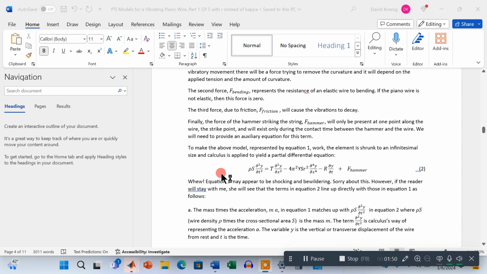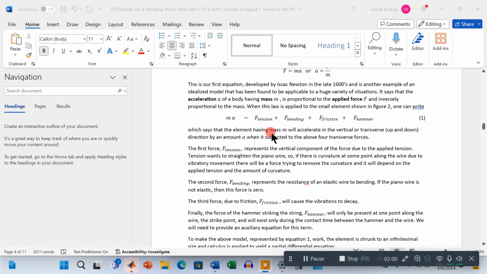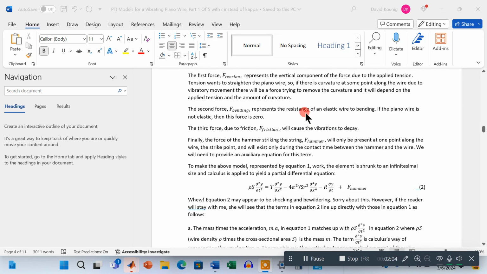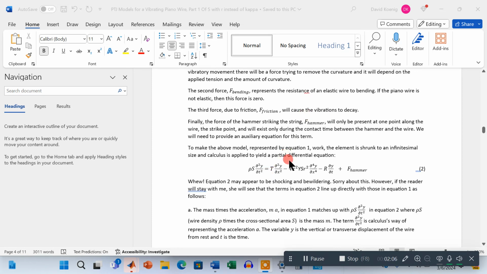And here's equation number 2, which is probably the most challenging one. This is just an expression of this equation up here after we have shrunk the element to infinitesimally small size and applied calculus.